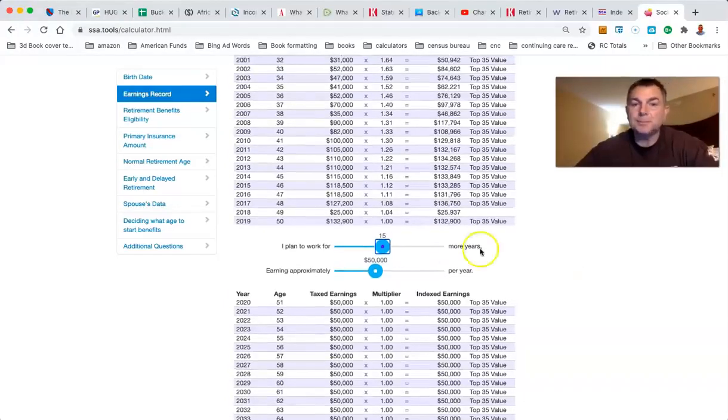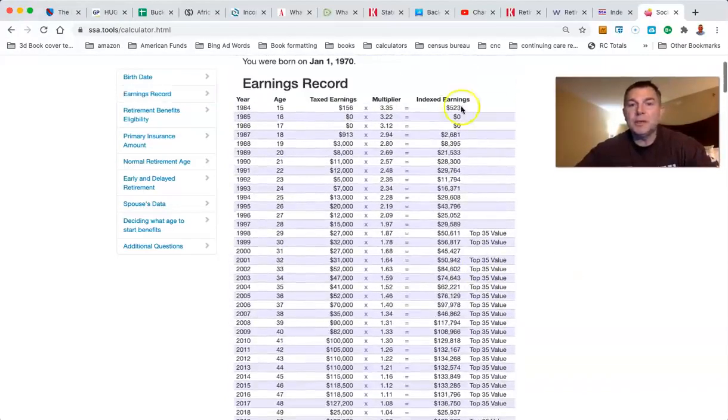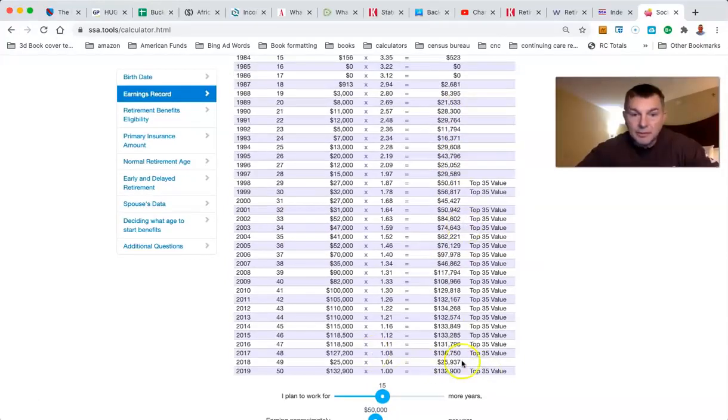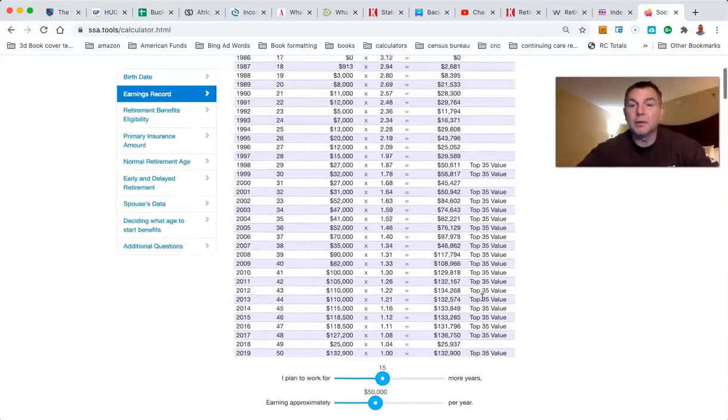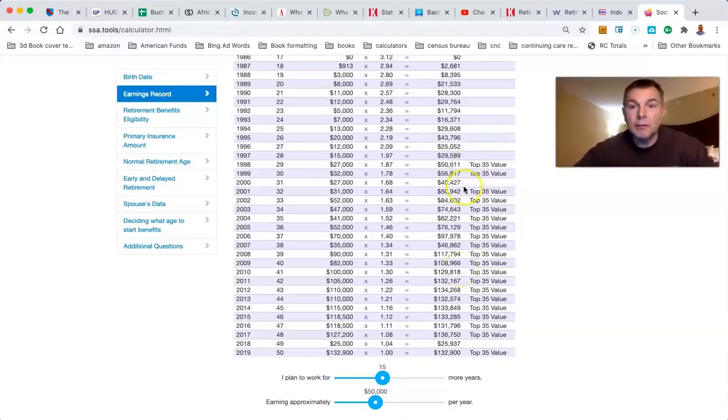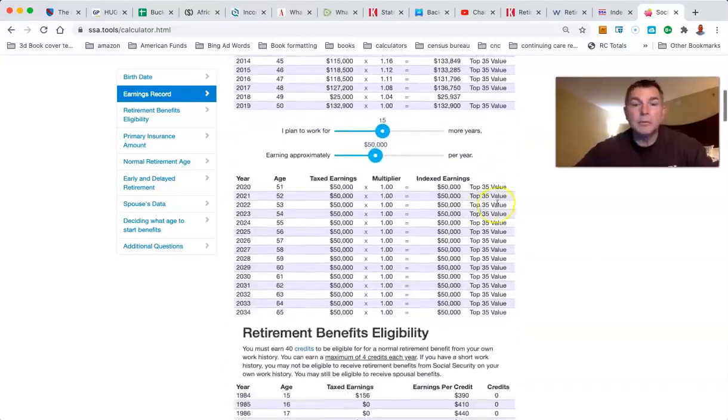Now check this out. You can see my top 35 has changed. The zeros are gone. The amount of money I made in 1999 is gone. The amount of money I made in 2018 is gone. So my top 35, because I was making 50,000 a year, I've replaced a good amount of my income from the previous years with this right here.